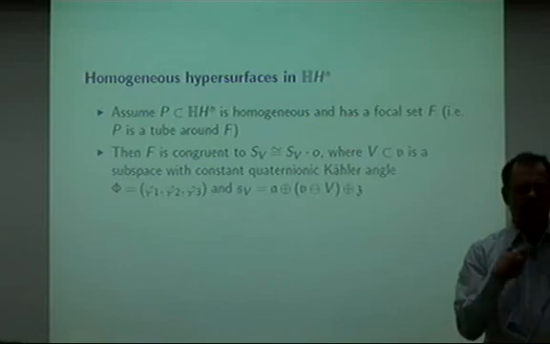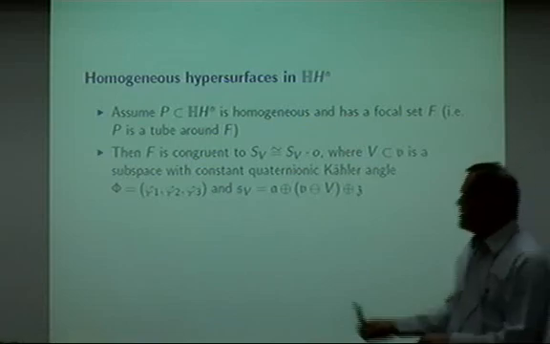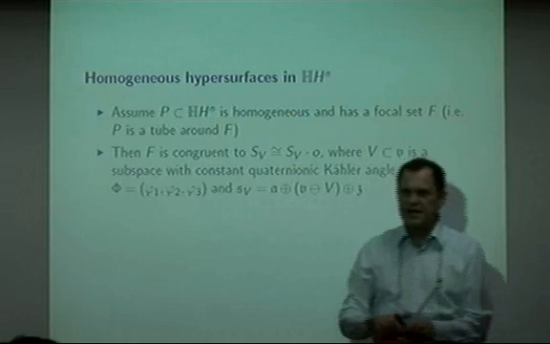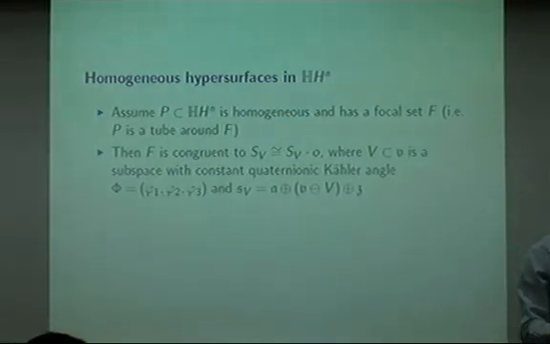So we can choose complex structures in the quaternionic structure such that the scalar angle becomes minimal and maximal. And then these two determine a third complex structure which determines a third scalar angle, and this is what a quaternionic scalar angle is. So it's a triple of scalar angles.